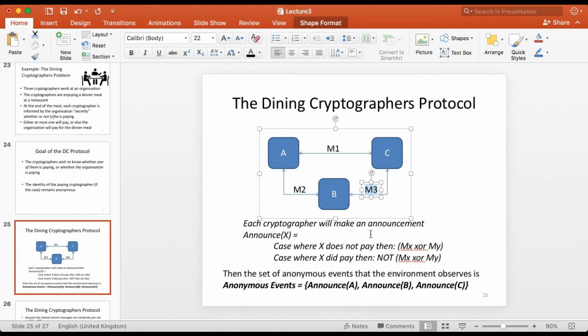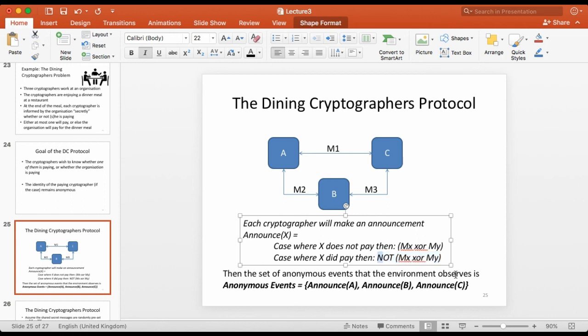So the announcement will be, if that cryptographer did not pay for the meal, they will just announce the XORing of the two messages that they know about. On the other hand, if the cryptographer did pay for the meal, then they will flip the result, or announce the inverse or the negative of the result.